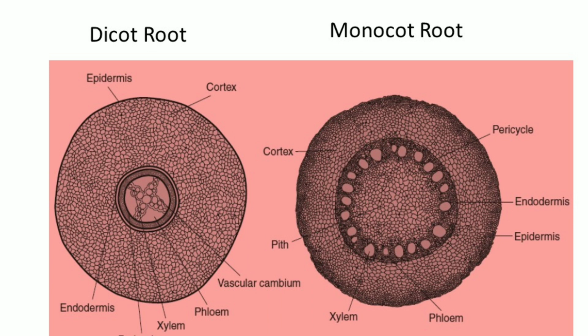In the monocot root, you see there are alternating xylem and phloem cells that encircle a central core of pith, and a layer of cortex surrounds the vascular ring. Both monocots and dicots have numerous root hairs. These root hairs are extensions of the epidermis that significantly increase the root surface area.